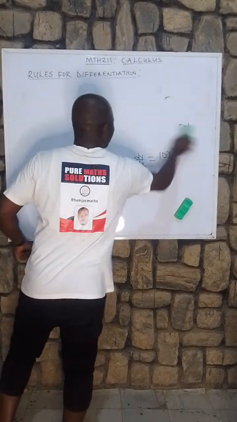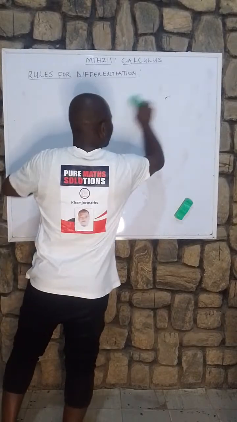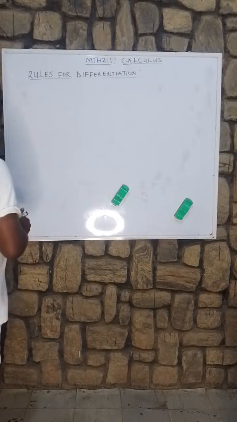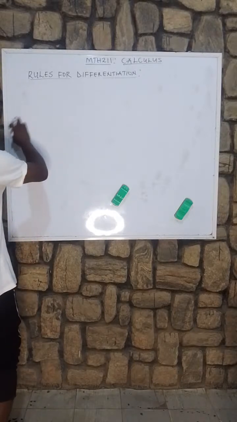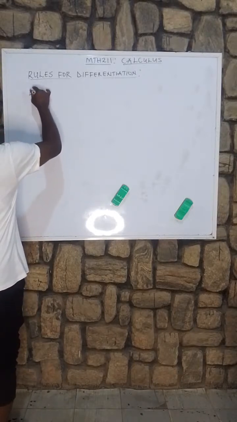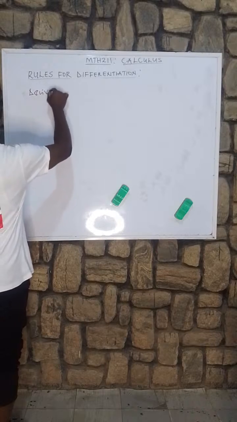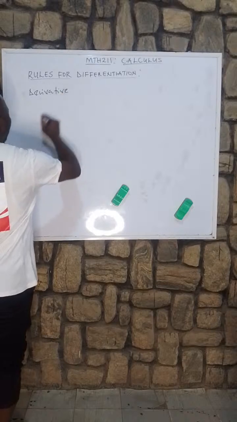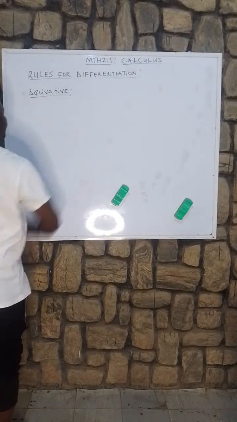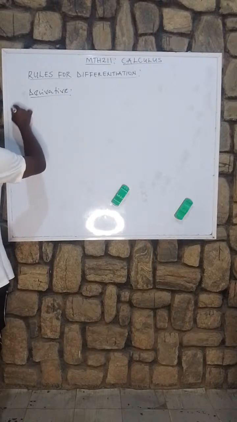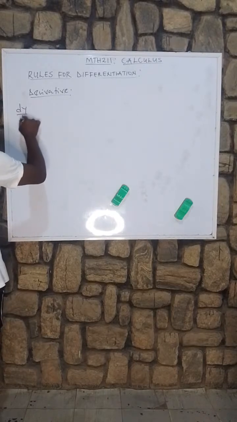So now, before I move to the rules, let us look at derivatives. Derivative. That is when we have dy all over dx.